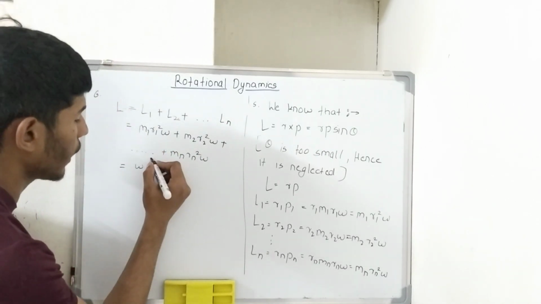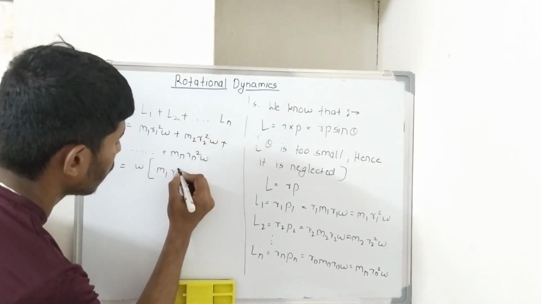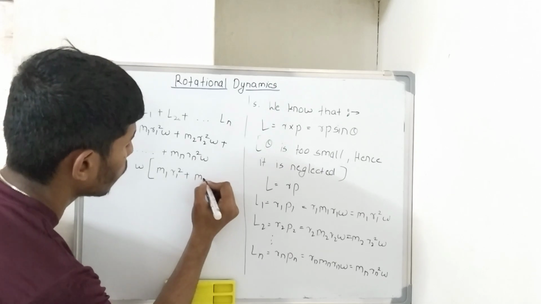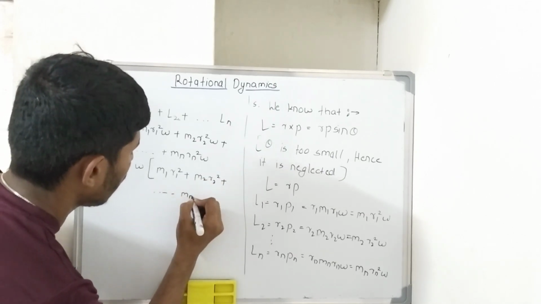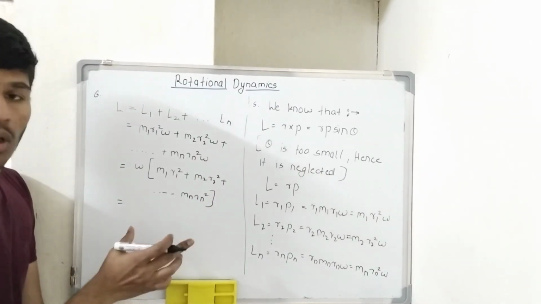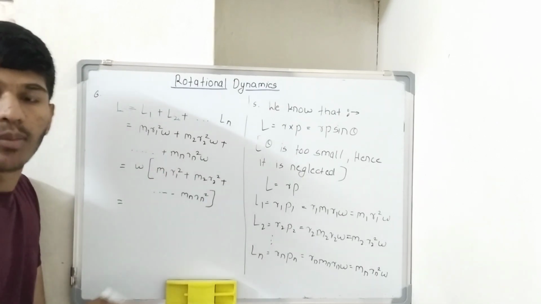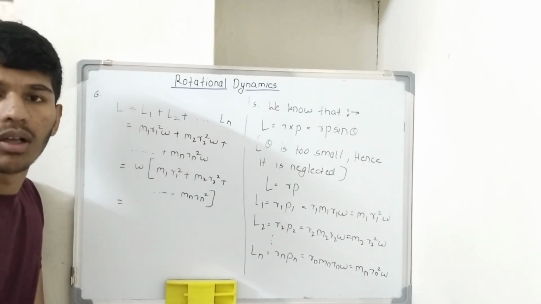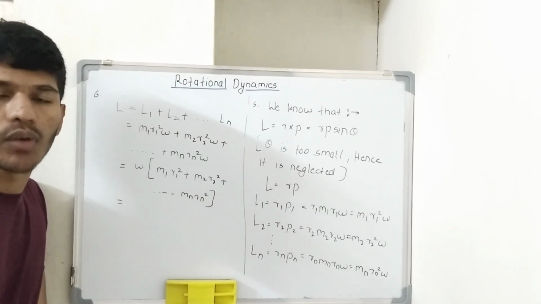We will take omega as common, and what will remain in the bracket? M1 R1 square plus M2 R2 square till Mn Rn square. Now, you are completely familiar with this expression. What is the formula for this? That is I, moment of inertia.